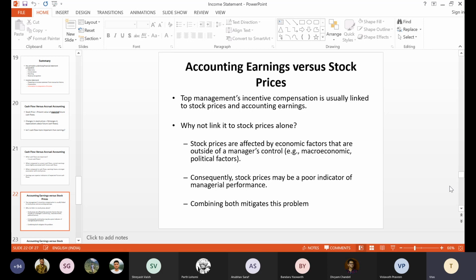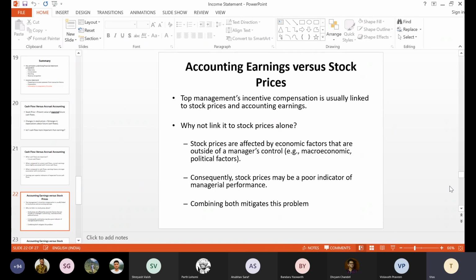But if you give the incentive on the basis of that stock price only, then maybe because of some factors which are beyond the control of management, the manager is going to gain or the manager is going to lose. So that is not right, right? So consequently, stock prices may be a poor indicator of managerial performance. So only by looking at the price going very high, that means the management is doing good, it may not be.